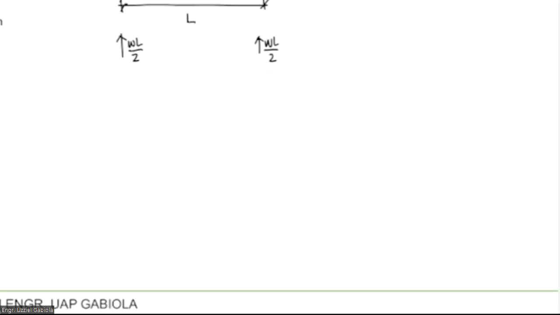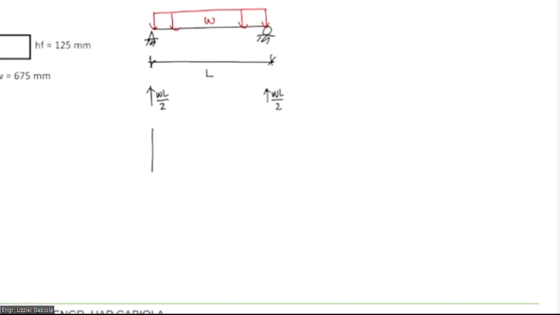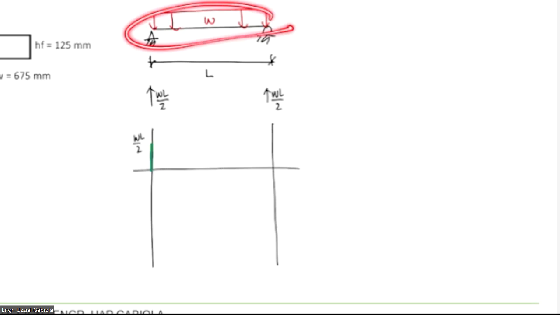Okay. Then when we construct its shear and moment diagram, we have here, this will be our WL over 2. Then since this is a first degree curve for a rectangle, the next shape is a triangular shape.